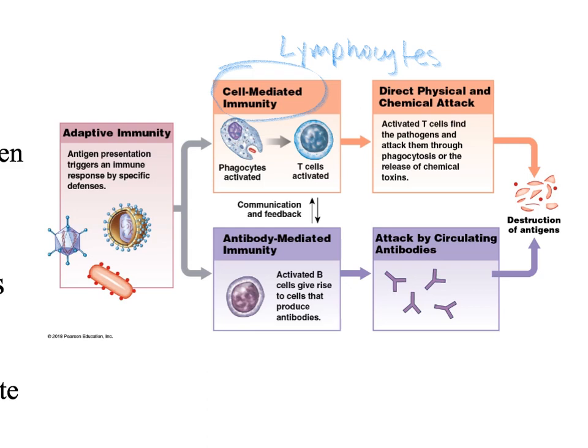And we'll talk about a few different lymphocytes on the coming slides. But there's going to be a lymphocyte, typically a cytotoxic T cell or something like that, that will actually find these abnormal cells with these foreign antigens and will destroy them. So that's cell-mediated.